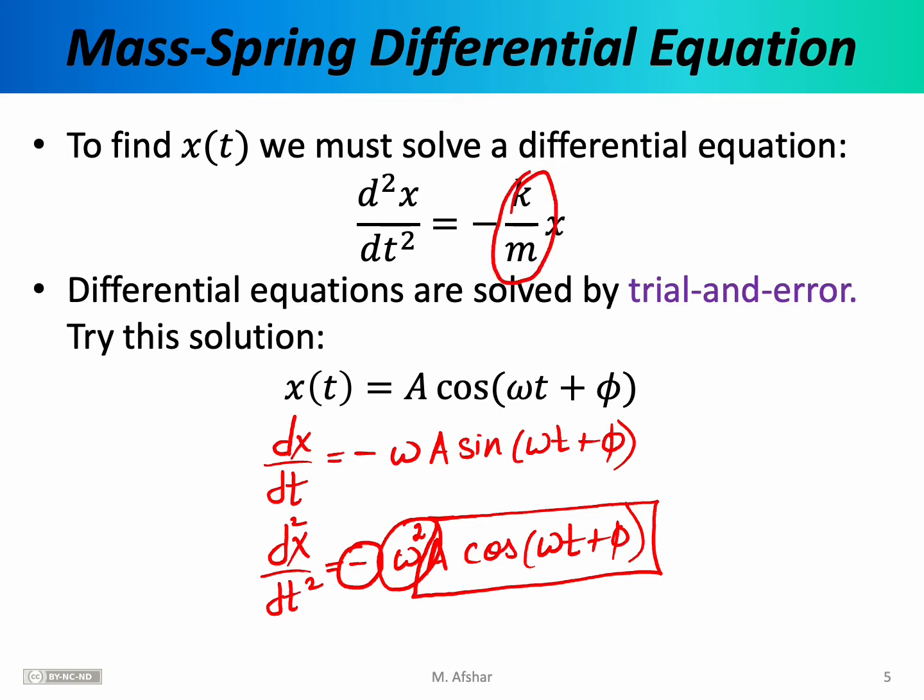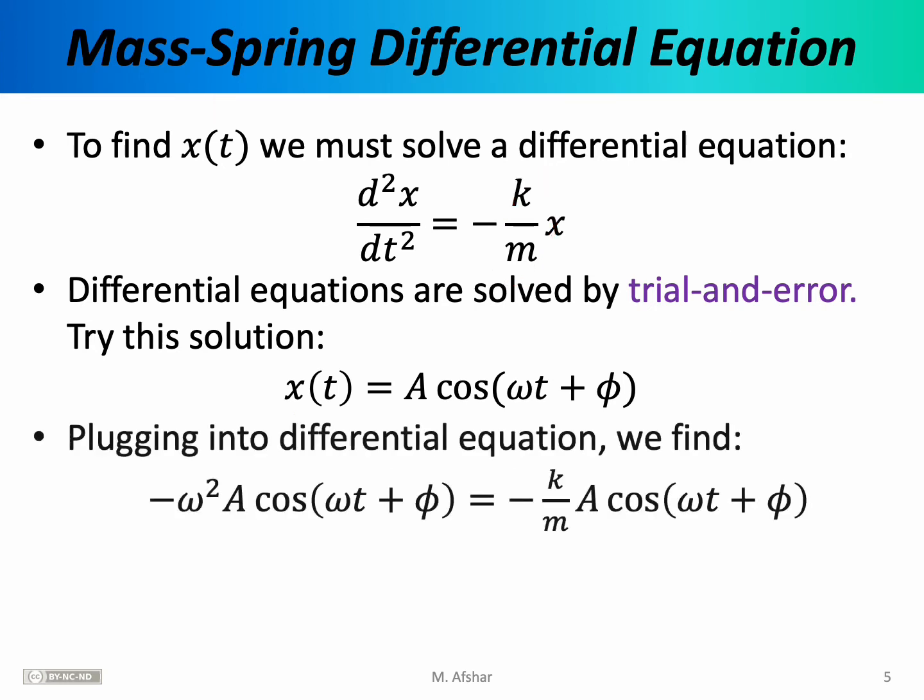So if I want this a cosine omega t plus phi to be a solution to this differential equation, it's important that omega squared be equal to k over m, or if you want, omega should equal the square root of k over m.